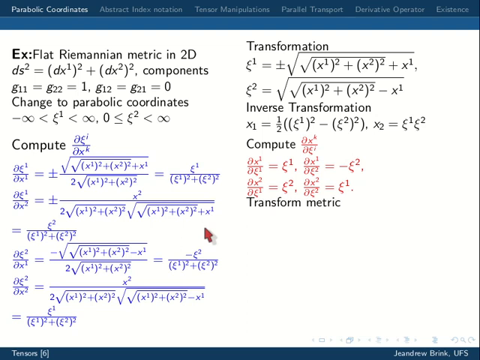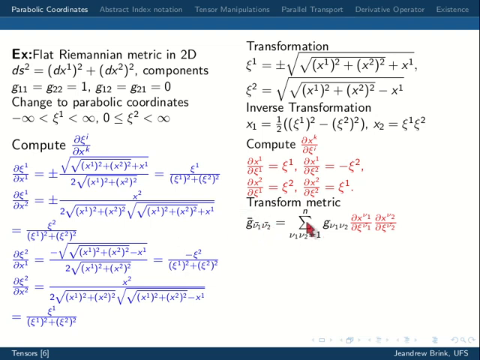So now what we want to do is use those transformation laws that we had for tensors previously. We want to transform this metric, which was the diagonal metric in flat space, into a metric on the parabolic coordinates. So here we have it, G, V1, V2.